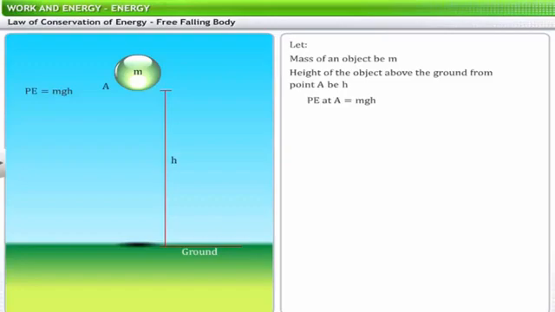The velocity of the body is 0, making kinetic energy also equal to 0. Hence, at A, the total energy is equal to the product of mass, acceleration due to gravity, and height. Let this denote equation 1.